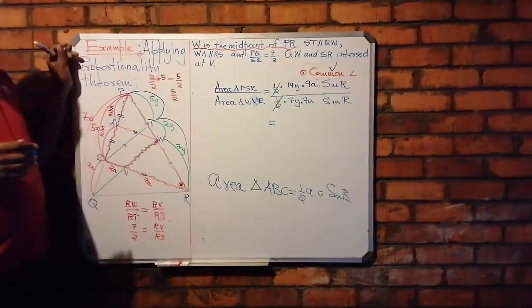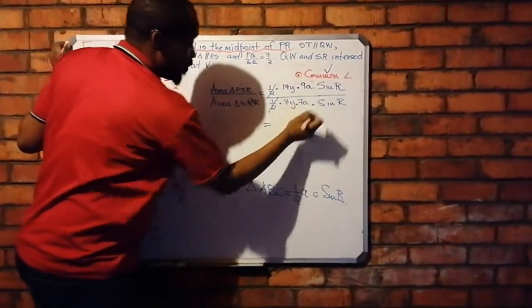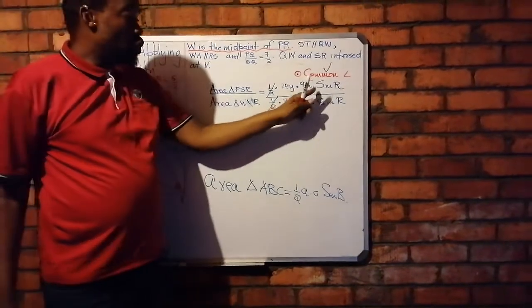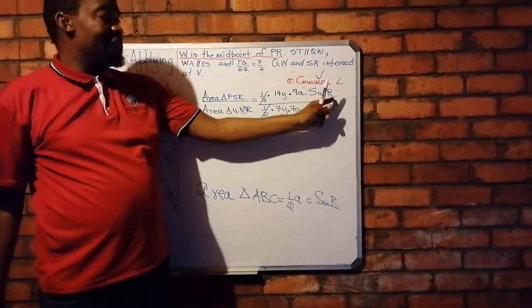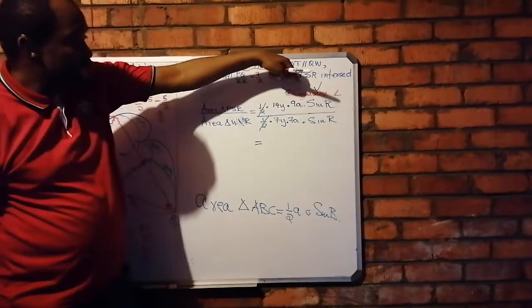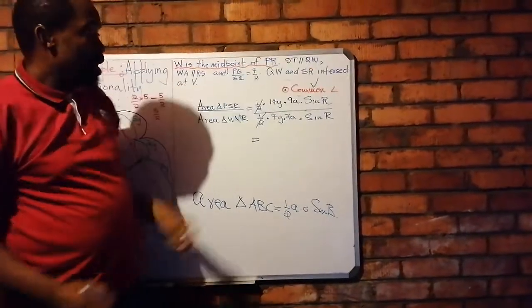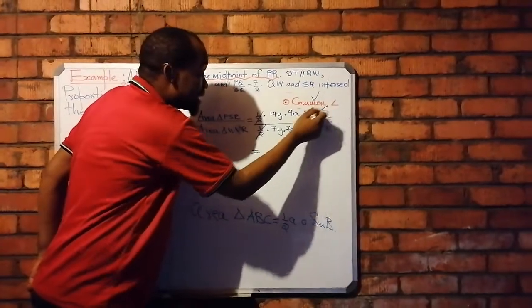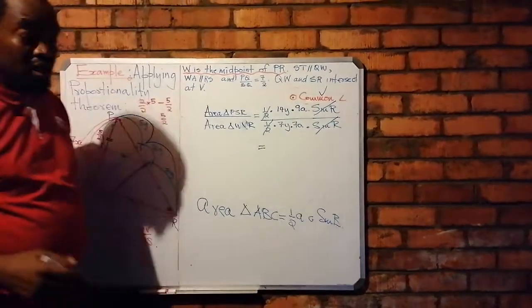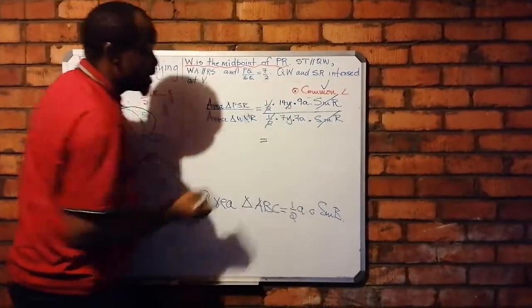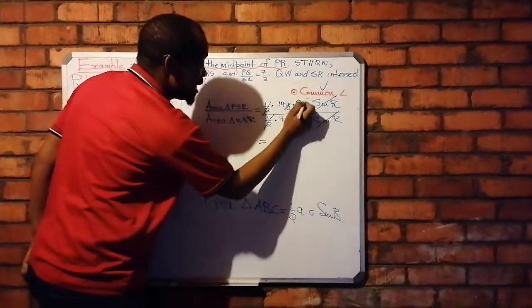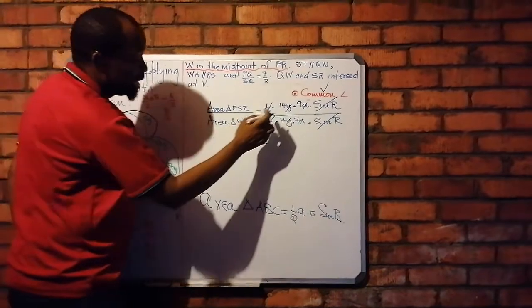But now, if you don't want to write sine R and sine R, please give us the reason and say common angle. Common angle now means that those would cancel. Now, y and y will cancel, A and A will cancel.